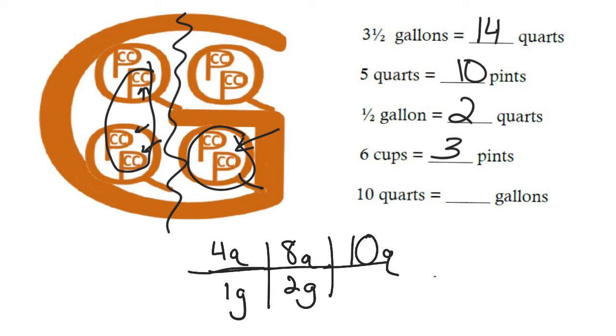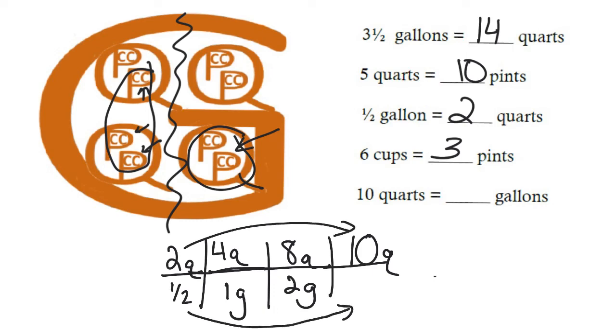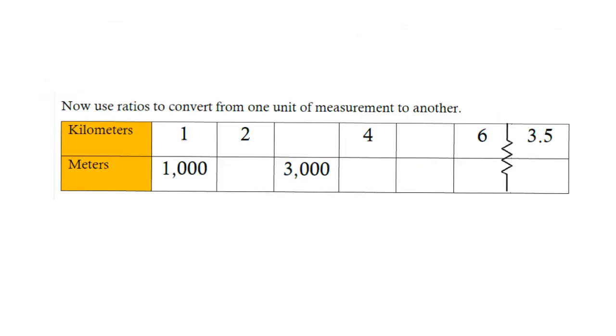So we can kind of think about going backwards like we did earlier, and we could say, well, 2 quarts is 1/2 gallon. So 2 times 5 would give me 10. 5 times 1/2 would give me 2.5. So 2.5 gallons.